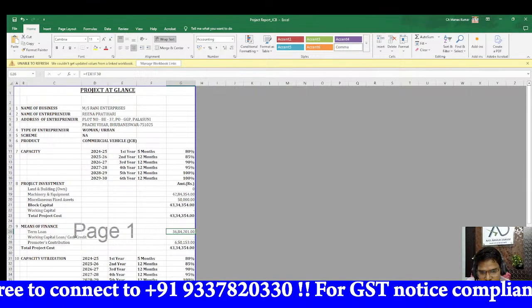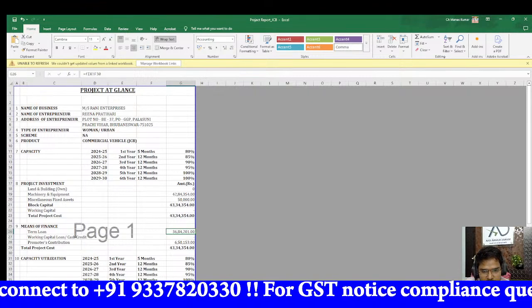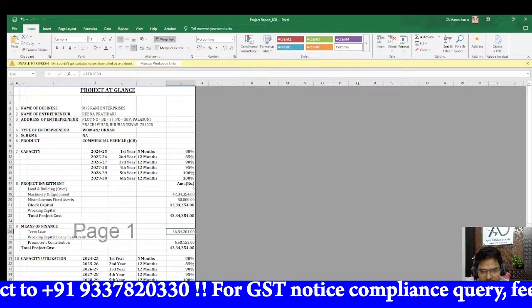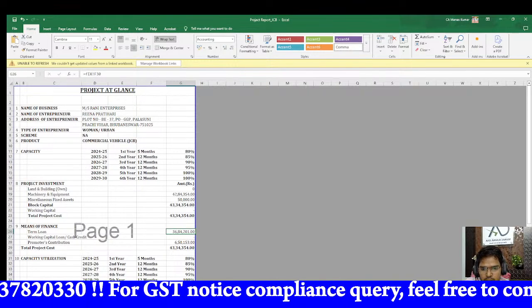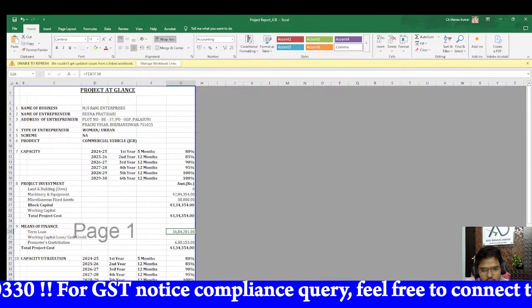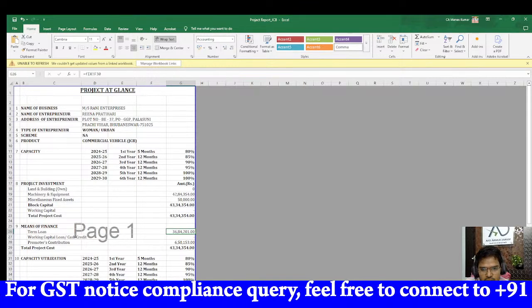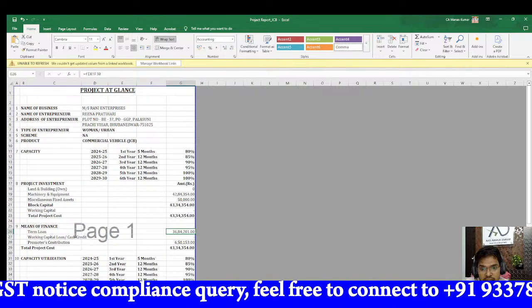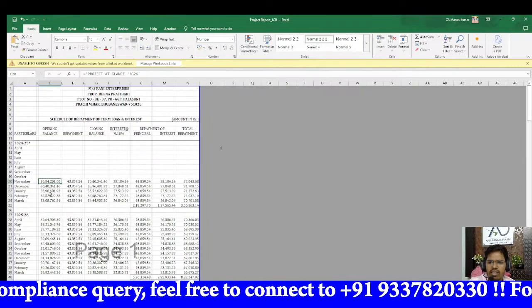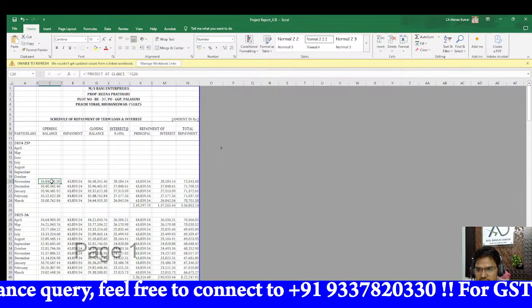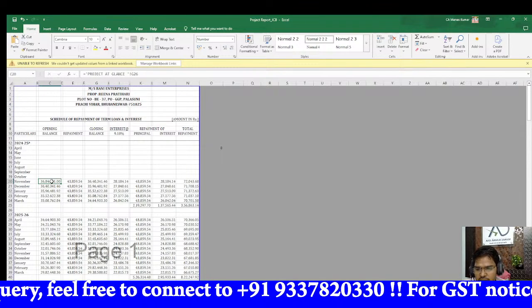Hence, please don't put the figures manually. Whatever assumptions you have made should be given manually. After that, you have to put the formulas in the respective cells so that it updates automatically if you change later on. Okay. In this scenario, I have linked this figure from my term loan.